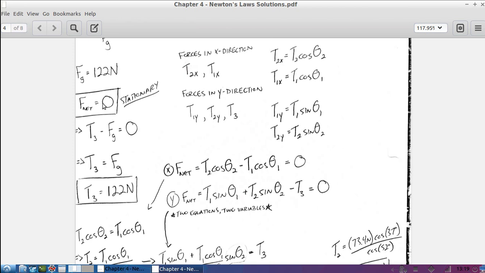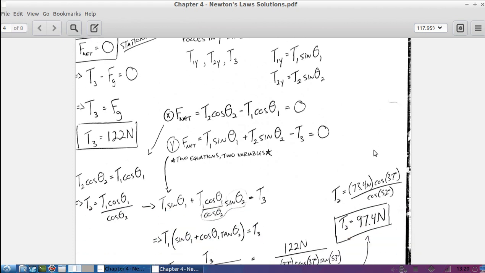The knot is also stationary, just like the stoplight. So we've got T2 in the x minus T1 in the x is equal to 0. Now this has two angles which we know, but it's got two tensions which we don't know. So I'm gonna make a system of equations in order to solve for T1 and T2.